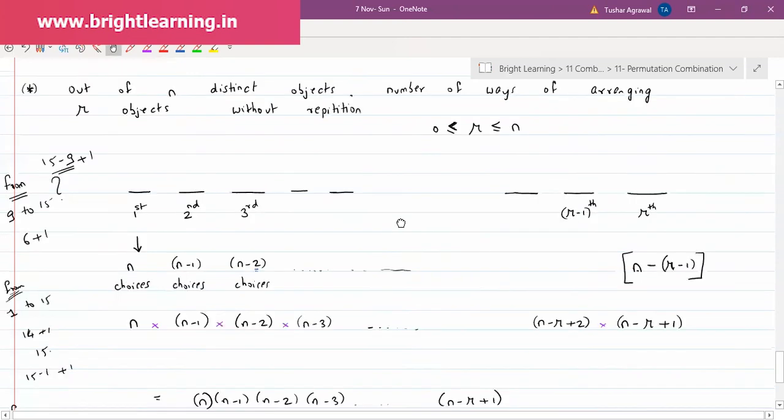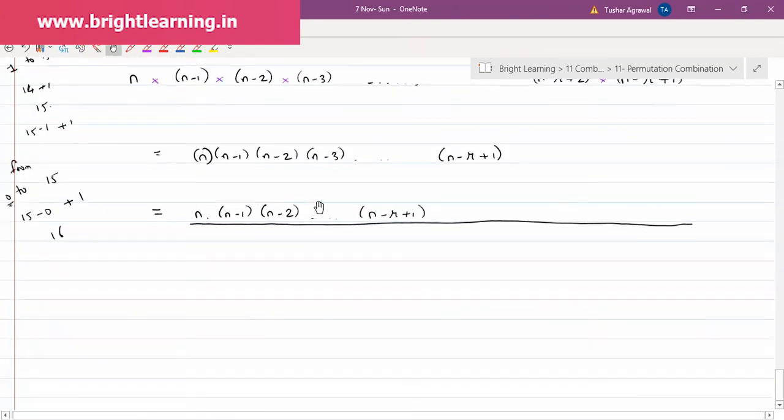So here the same approach I will use. n into n minus 1, n minus 2, we have stopped at this integer. What is the previous integer? We have to subtract 1, which means n minus r. What is the more previous integer? The previous integer is n minus r minus 1. What is the previous integer again? n minus r minus 2.